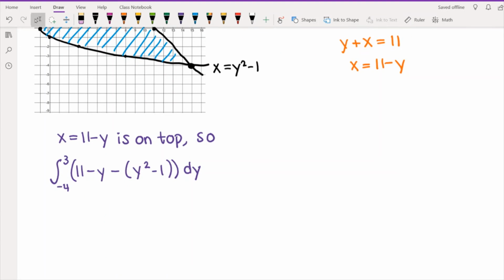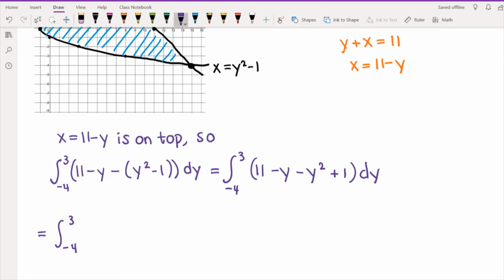So when we go and actually evaluate this, maybe let's first simplify this a little bit. So we would have 11 minus y squared plus 1. And so that can be written as the integral from -4 to 3 of 12 minus y squared.